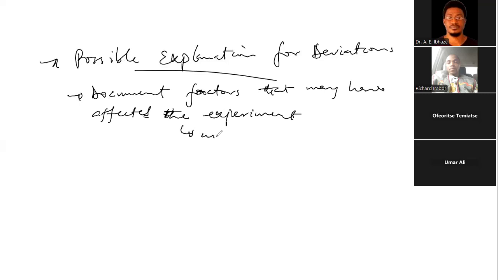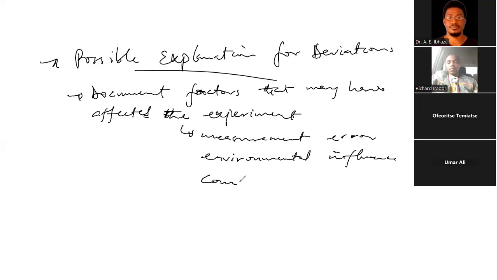And this could be probably measurement error, for which calibration could handle that. It could be some influence from the environment. It could be computational constraints.